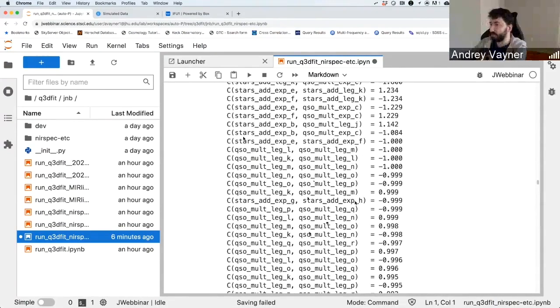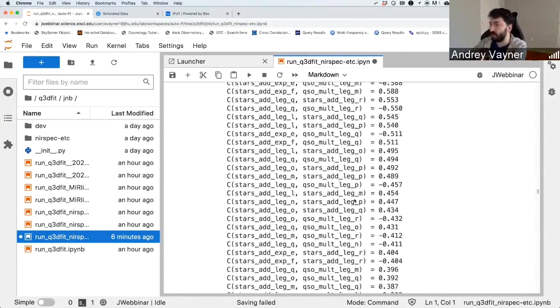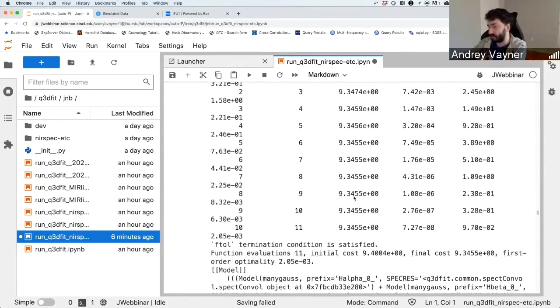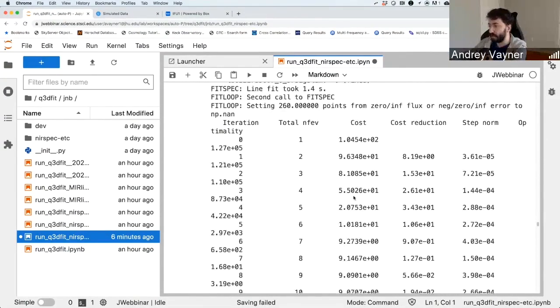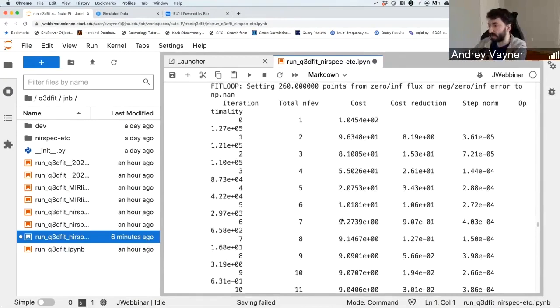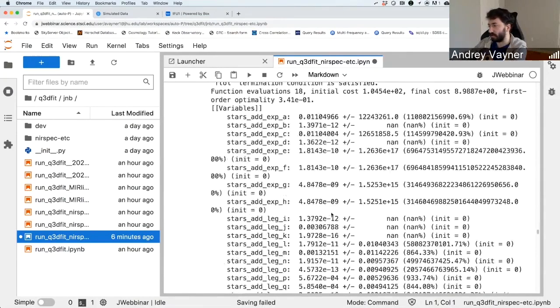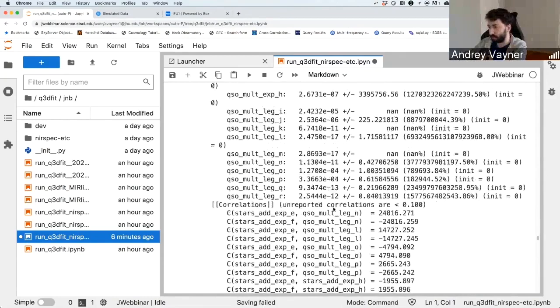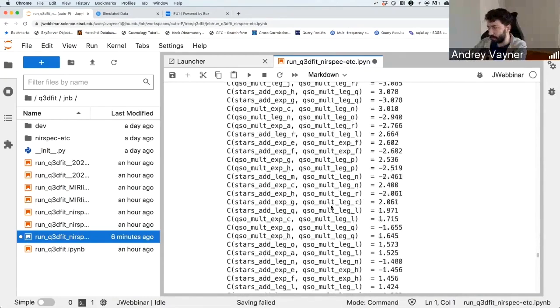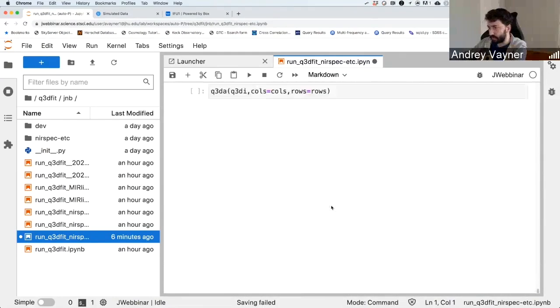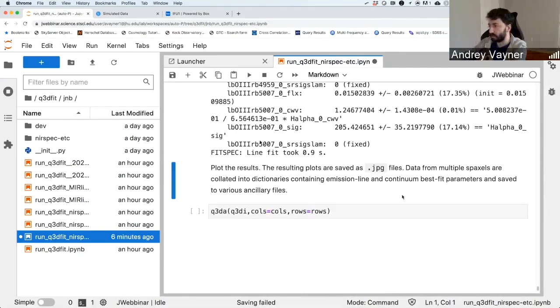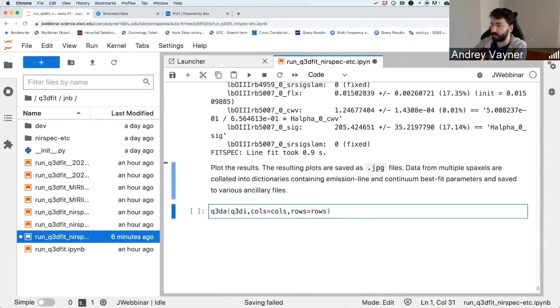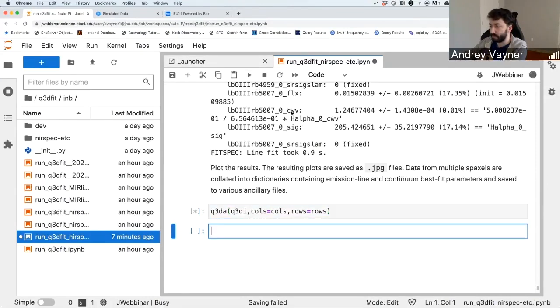All of this gets saved into a text file, so you don't have to necessarily save this yourself, and you can go back to this later and inspect how good the fit was and extract the necessary parameters. Okay, so let me scroll down through that. The fit completed, and the next portion is we're going to do the analysis on it and look at the plots that get created.